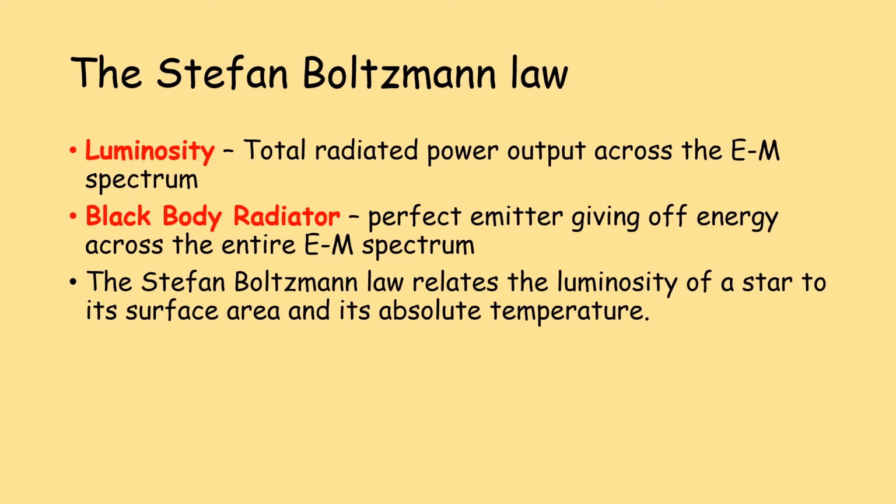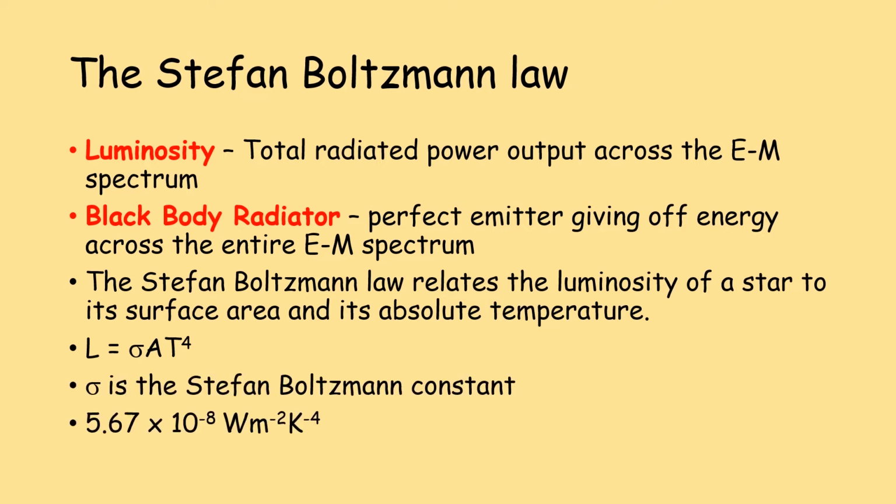And we use the following equation: luminosity is equal to sigma, which is the Stefan-Boltzmann constant, multiplied by the surface area of the spherical star, multiplied by the fourth power of the temperature. So sigma is the Stefan-Boltzmann constant, and that's 5.67 times 10 to the minus 8 watts per meter squared per Kelvin to the minus 4.